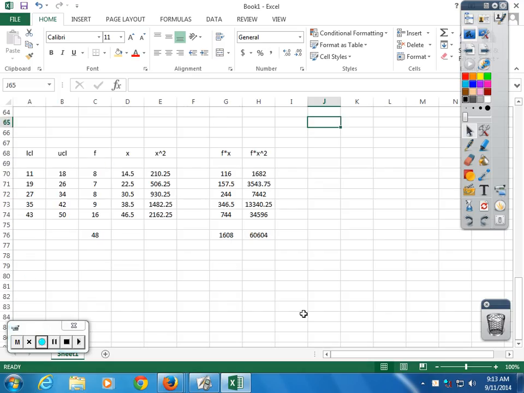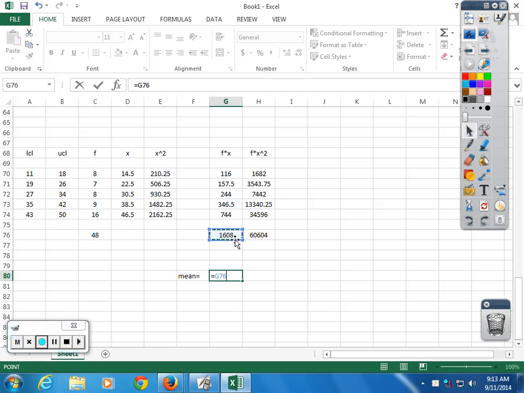All right, so now we got to find the mean. And that's going to be equal to the summation of f times x over what? N. There's my mean.